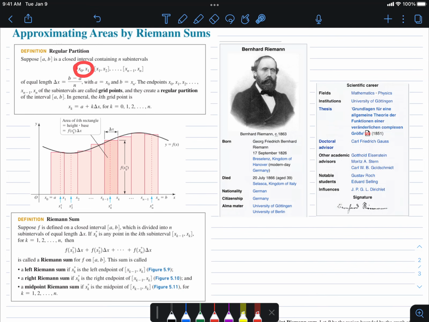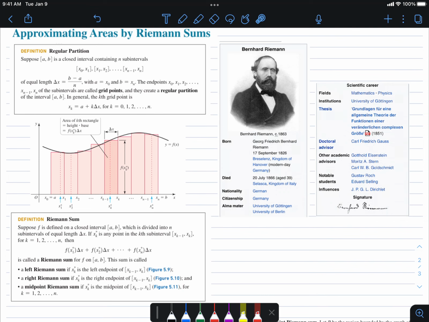Each interval is going to be the base of a rectangle that we will use to approximate the area. Inside of each subinterval, we choose any point, like x1 star, x2 star, whatever, that we will use to find f of that point as an approximation for the height of the rectangle.